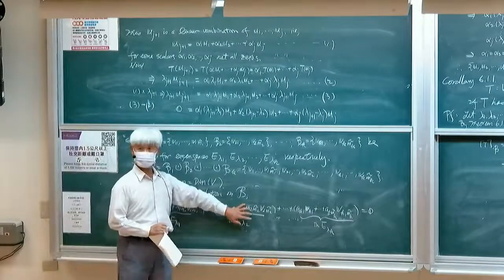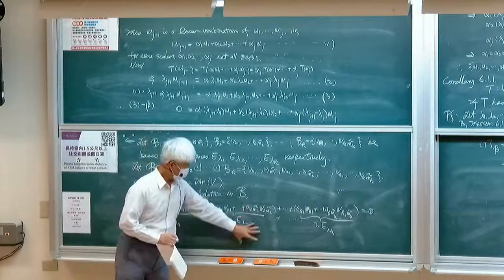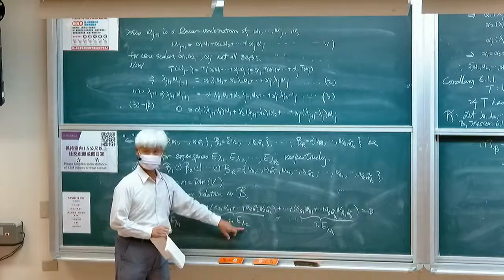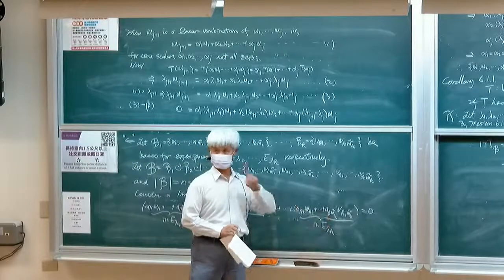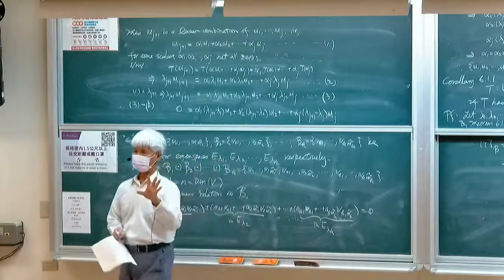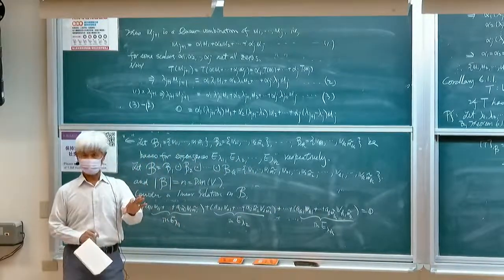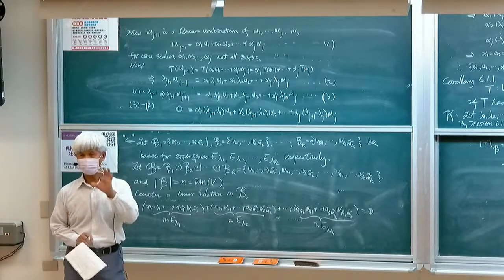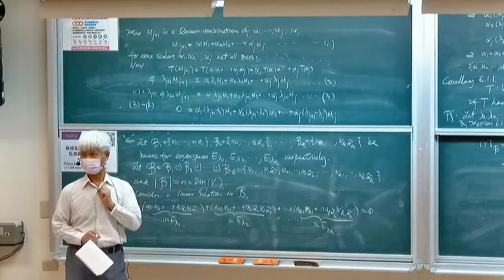If this is non-zero, it must be an eigenvector associated with lambda 2, etc. But we just proved that eigenvectors corresponding to distinct eigenvalues form a linearly independent set.